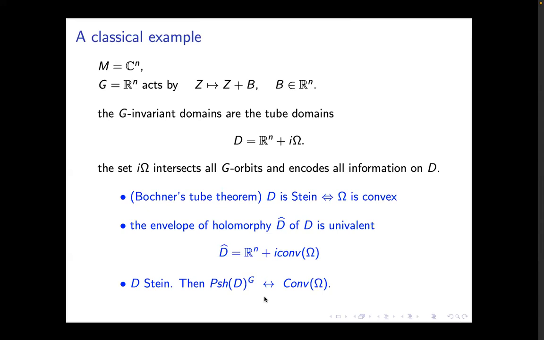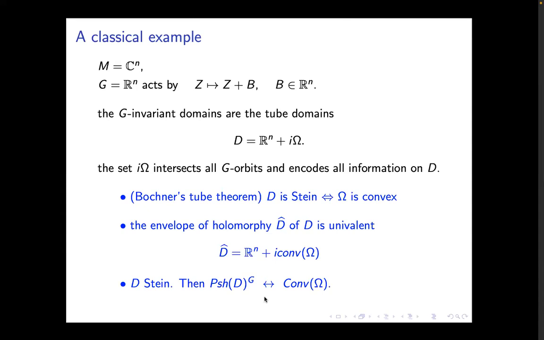So it is indeed the convex hull of D. Moreover, when D is a Stein subdomain, there is a one-to-one correspondence between G-invariant plurisubharmonic functions on D and convex functions on omega, which makes sense because D is Stein and omega is convex.